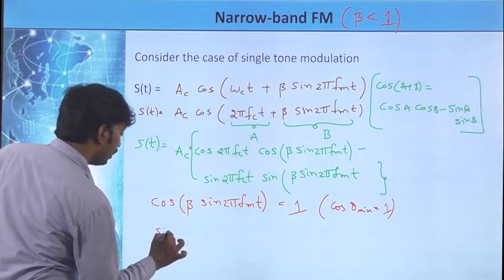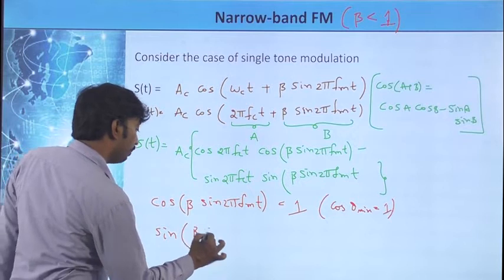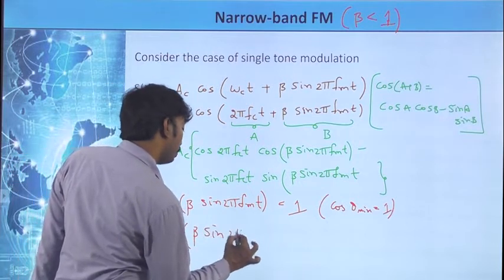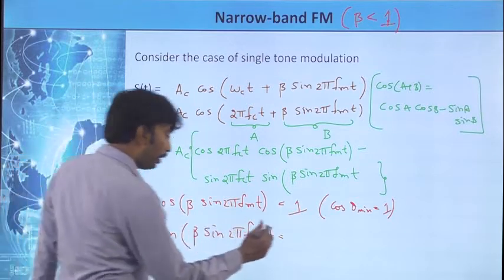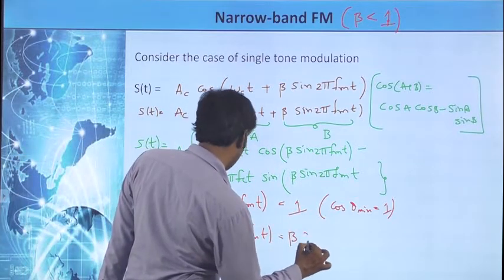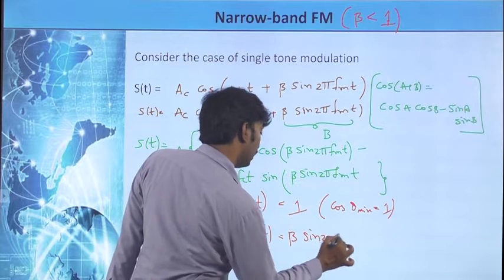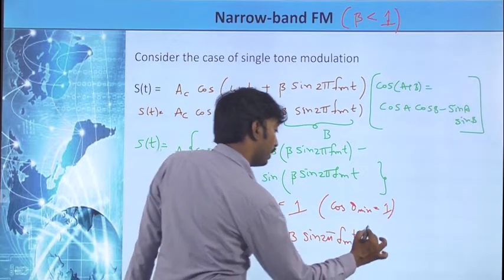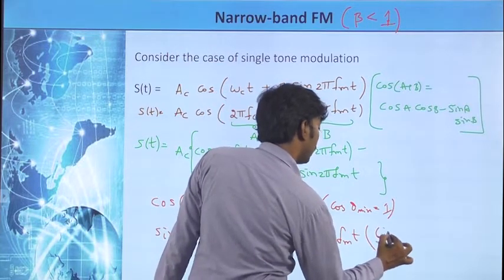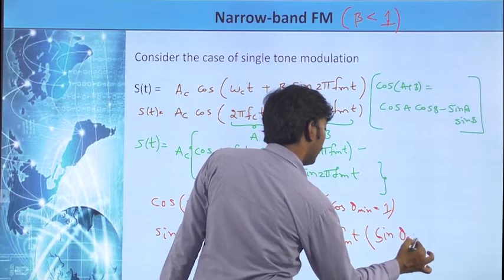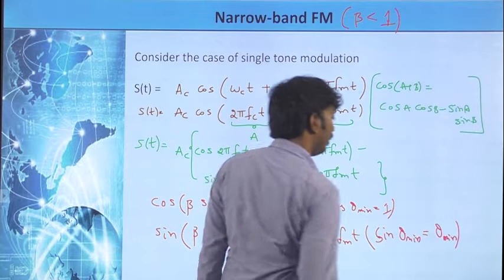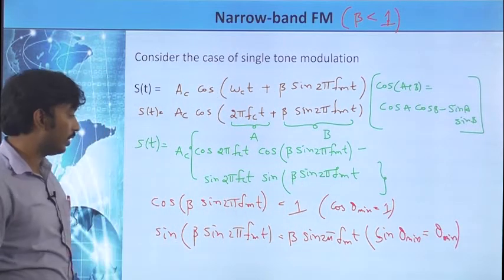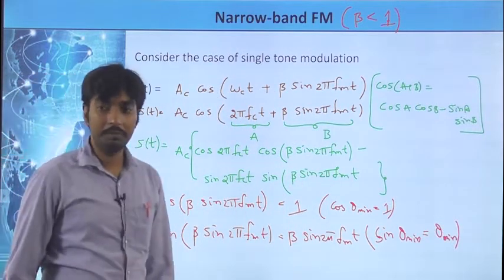And then sin of beta sin. Now it is like sin theta minima, which is equal to theta minima, which is beta sin 2 pi FMT. That means sin of beta minima is equal to beta minima. Basic trigonometry expressions, I am doing this.